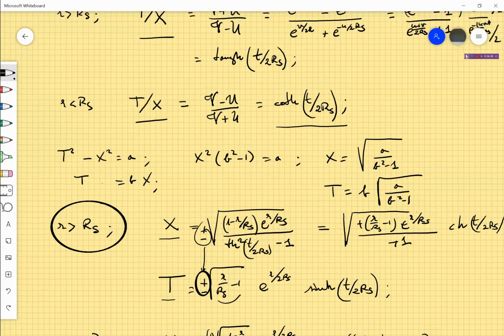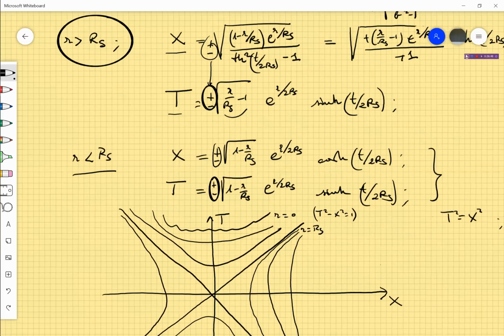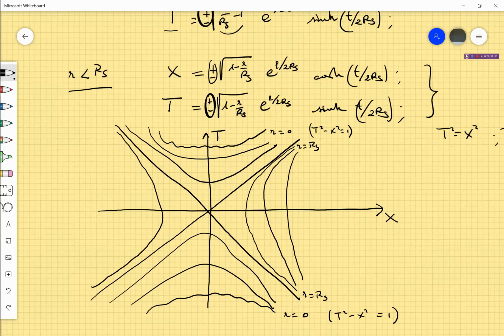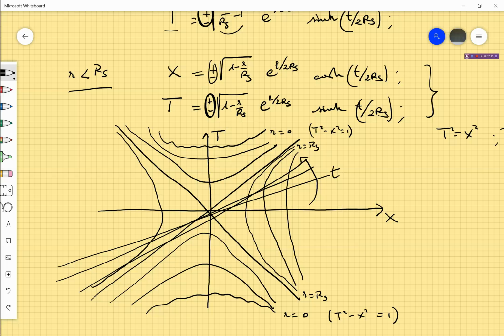So these are straight lines with a slope that is given either by this tangent or by the cotangent. And you can check that these are straight lines that cross the origin. They move forward in time in this way. So time evolves in this way here. And I have represented here surfaces of constant r and surfaces of constant time.